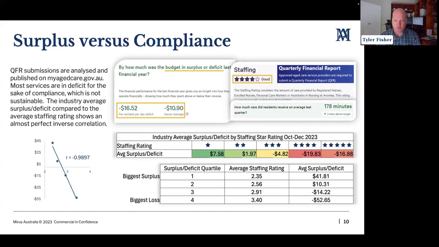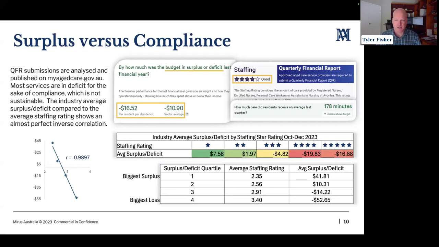And beyond financial performance, we also have access to the quality and compliance measures for each service. If we group services based on their staffing performance and then compare their financial performance, we see that most of the industry is in deficit, and seemingly for the sake of compliance.